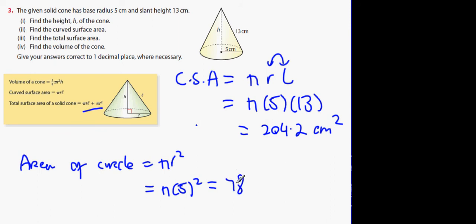Now, how do we get the total surface area? Got to add them together, aren't we? So it's going to be 204.2 plus 78.54.